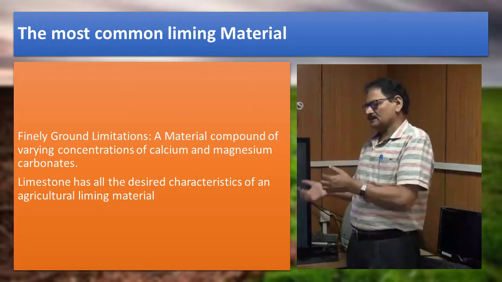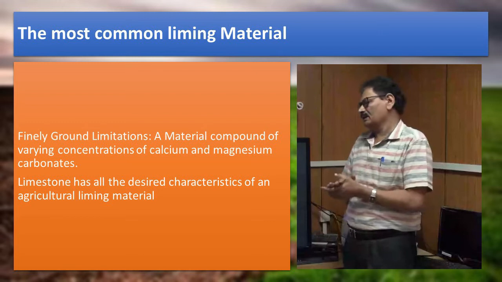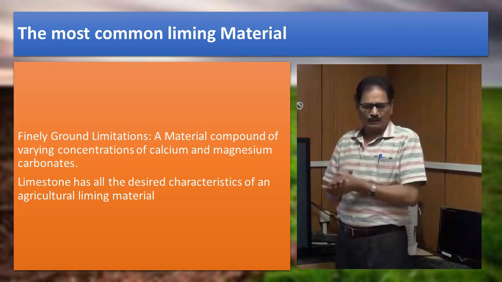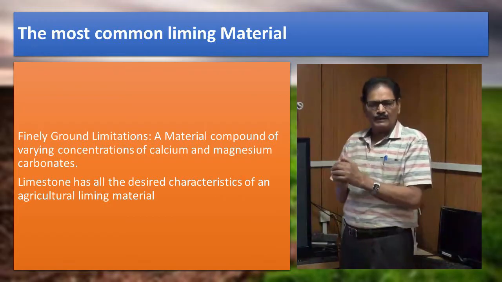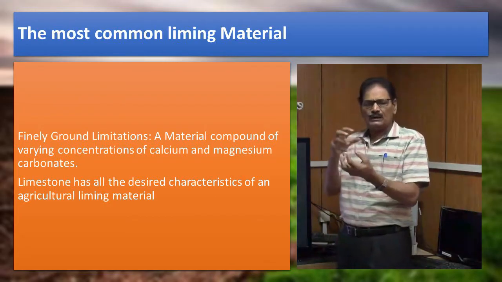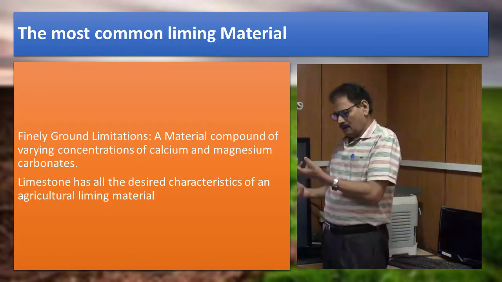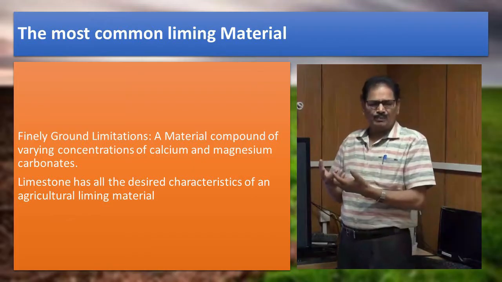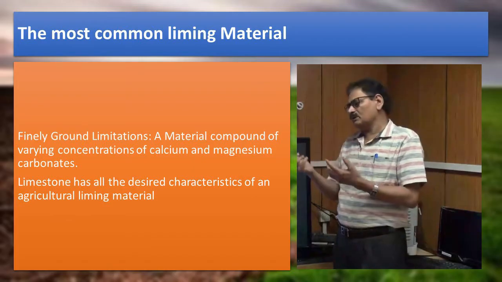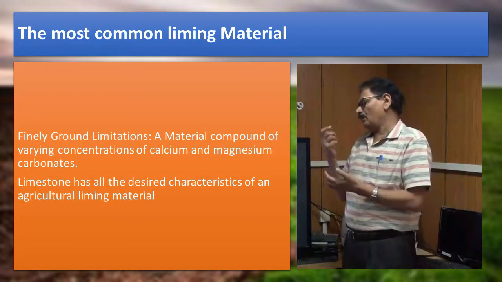This research has been done at my center by Dr. M.S. Mathur, and he has advocated that, economically, if we neutralize the rhizosphere zone of the crop, we can get the same benefit as the broadcasting application of lime.